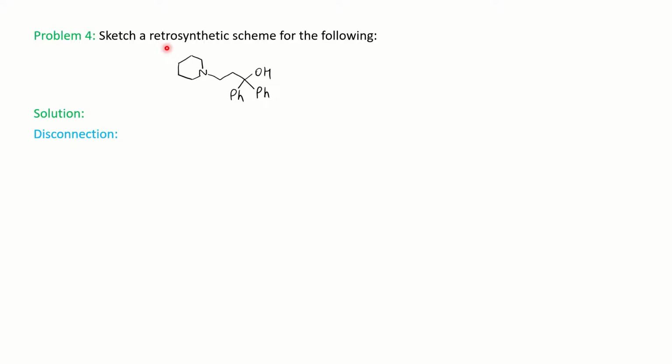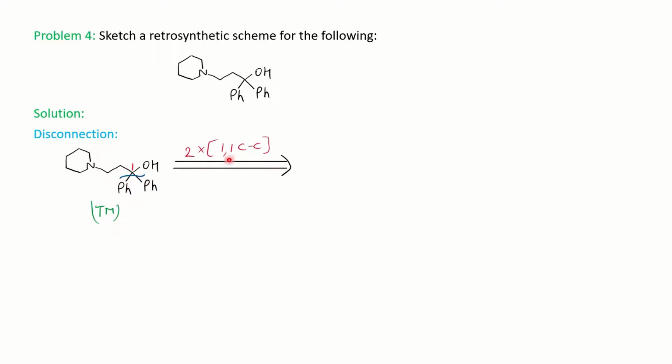Once you have revised all the related topics, you will be able to solve such kinds of problems. So here the rule says that when your carbon, which has the OH group, has two same groups, we use the double disconnection approach.